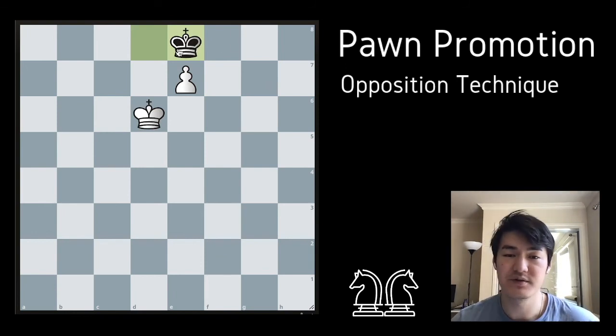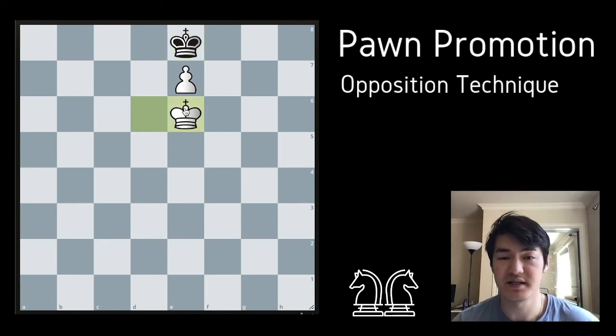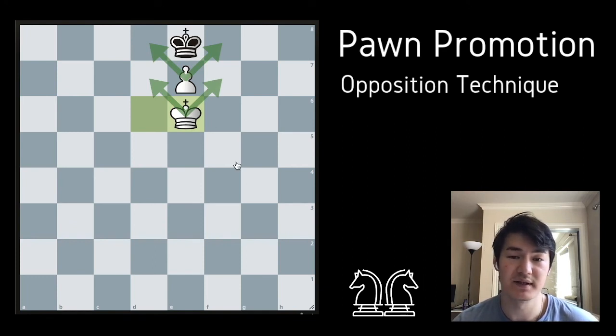But after the king goes to e8, there is only one move that this king can go to protect this pawn, and that is e6. Now, even though we are taking the opposition, which is something we usually like to do, it is black's turn, and the black king cannot go anywhere safely. So this actually makes a stalemate.